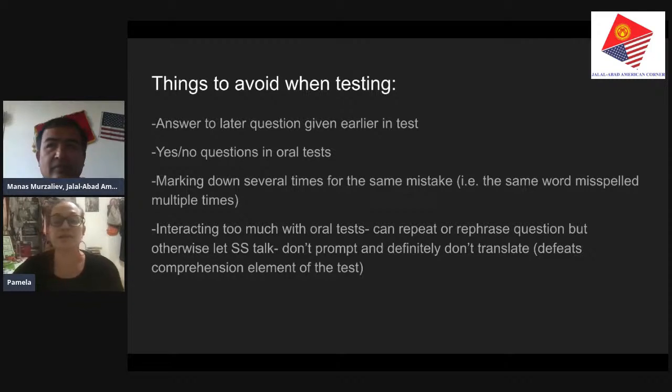Don't mark down several times for the same mistake. So if the same word is misspelled several times, don't give 5 marks down. And don't interact too much with oral tests. You can repeat the question or rephrase it, but don't prompt, don't translate, don't lead in anything.